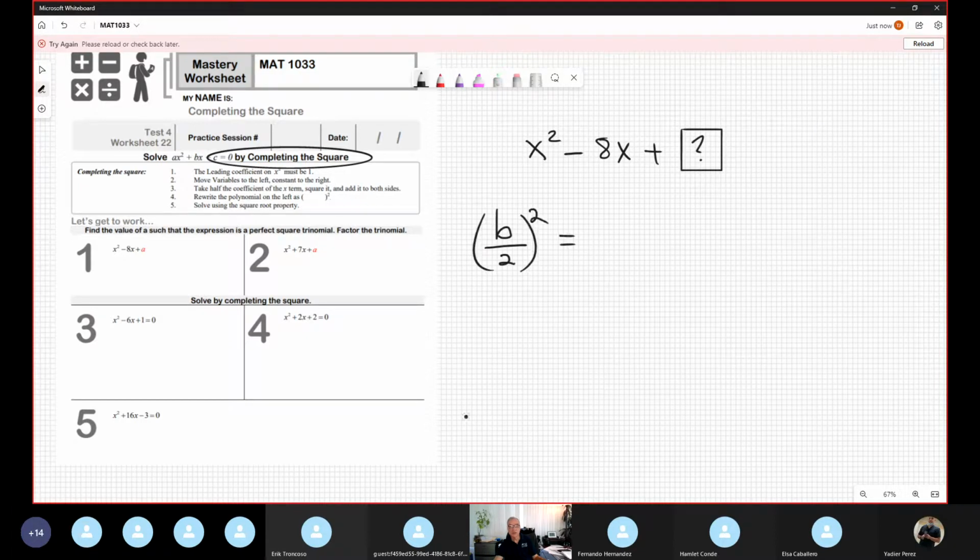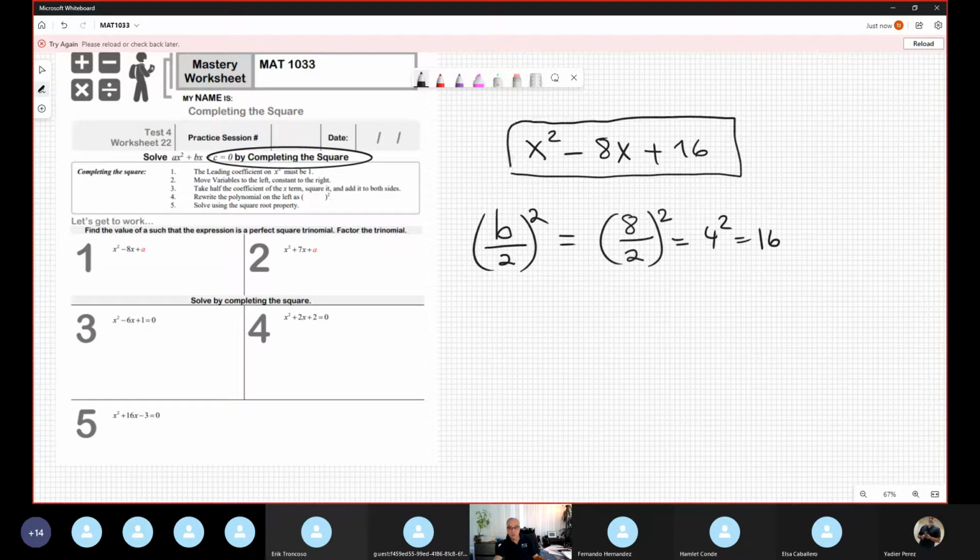So b is 8. You divide 8 by 2, always divide by 2, is 4. And the square is 16. So 8 divided by 2 is 4, and 4 squared is 16. When you put 16 in this box, now this trinomial is a perfect square trinomial.